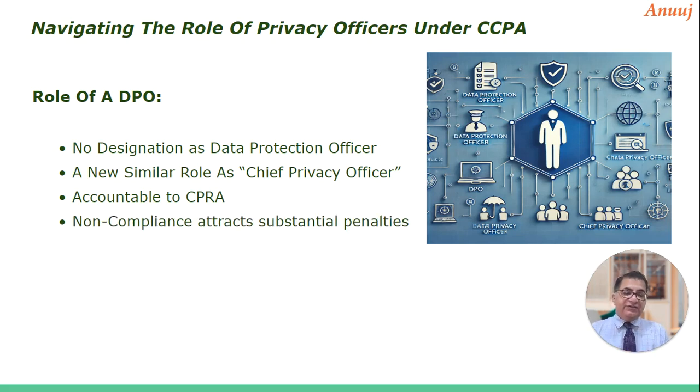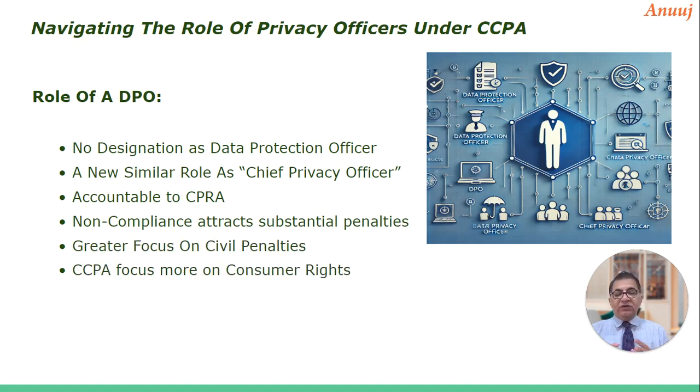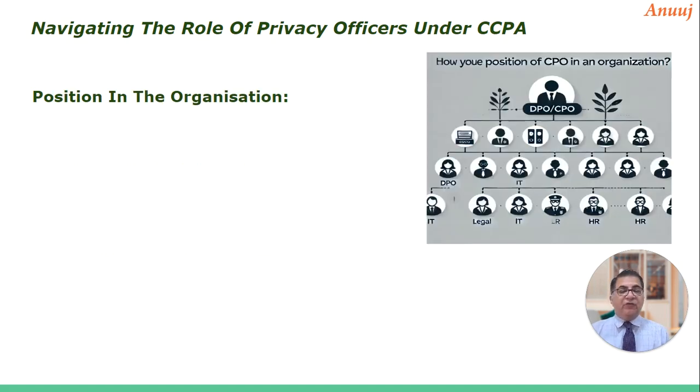Any non-compliance with CPRA attracts very substantial penalties, and as I mentioned earlier, the focus is more on the consumer rights and the civil penalties are more in case there is a non-compliance. So California's focus is more on the rights of an individual user. Consent is not required, opt-out is very much available, and any citizen can go ahead and opt out of processing as and when he wants to.